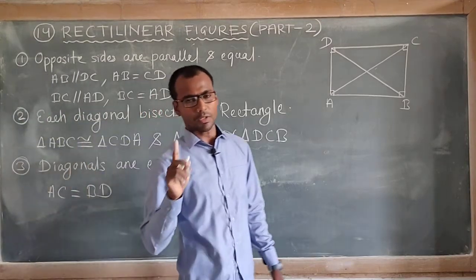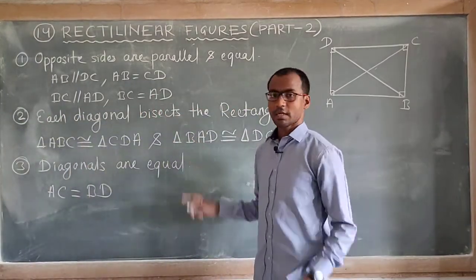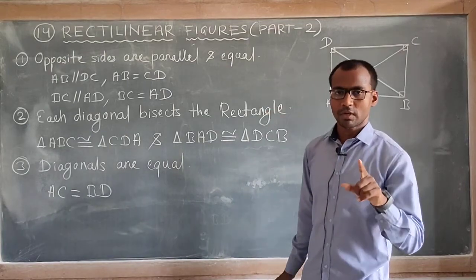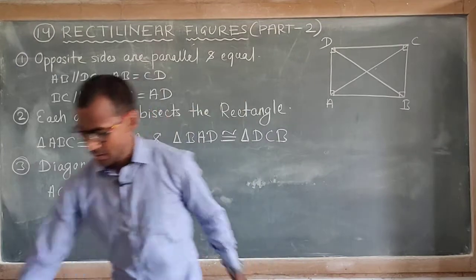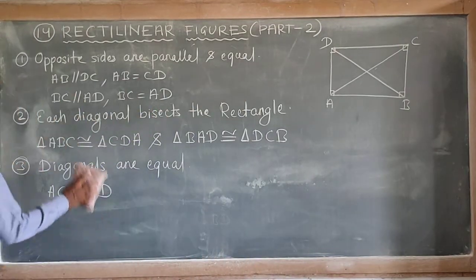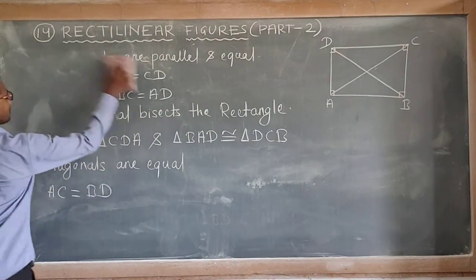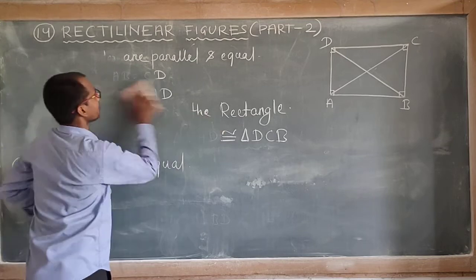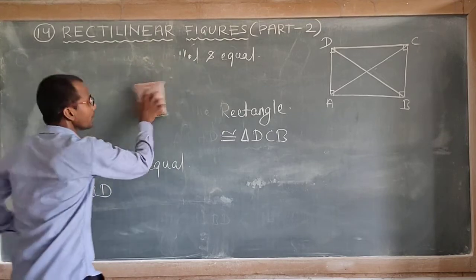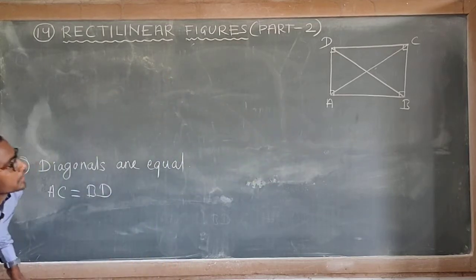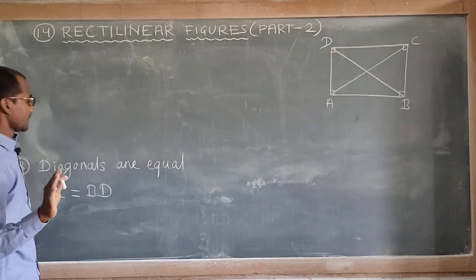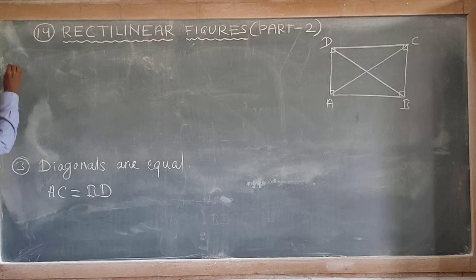This property was not in a parallelogram. It was in an isosceles trapezium. Diagonals are equal. It was in an isosceles trapezium. So this is the third property. Next property, again about diagonals. Number 4.